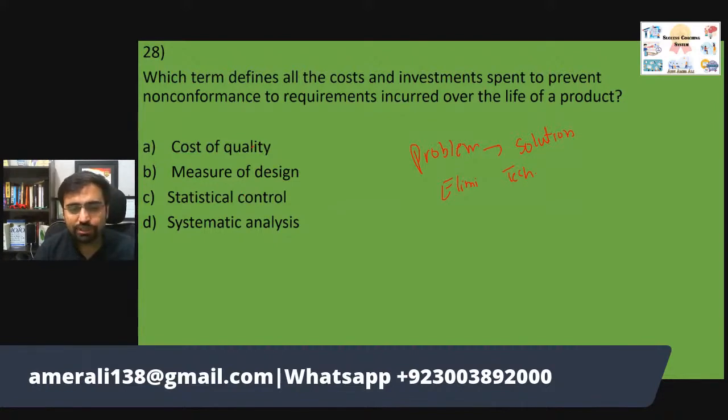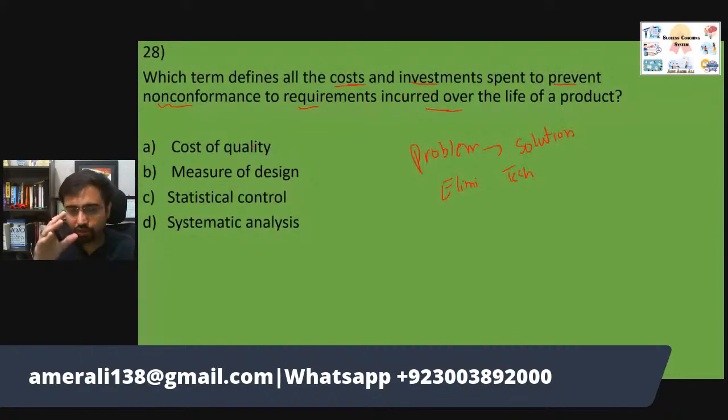From the options, it seems like the question will most probably be related to quality. Which term defines all the cost and investment spent to prevent non-conformance to the requirement incurred over the life of the product?